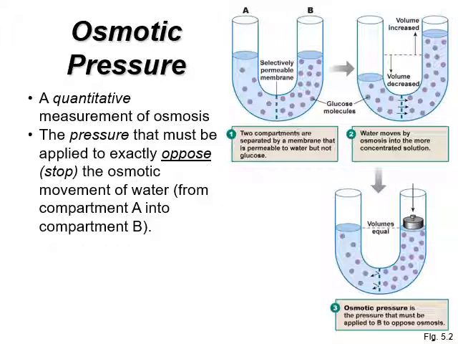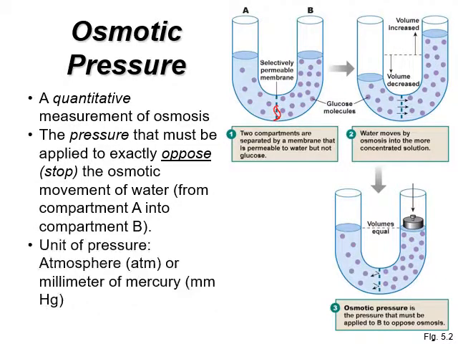So if we had two compartments, selectively permeable, permeable to water but not to the purple solutes, there is a higher concentration of non-permeable solutes on this side compared to this side.